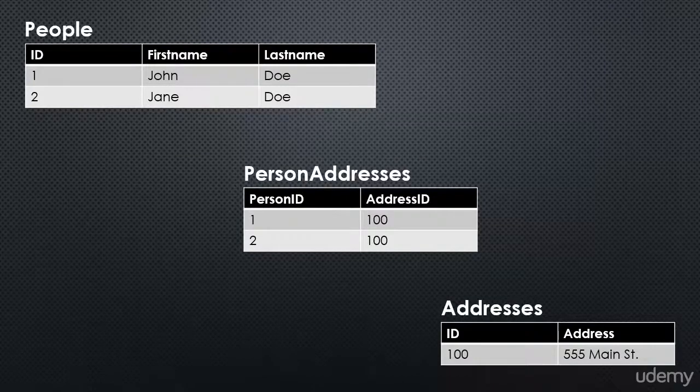But even better, we can make sure we don't repeat ourselves by continuing to split the information up as much as possible. So I might have an addresses table where we see that a person has a particular address, so we use the ID of the address and the ID of the person, and we can also tell this way that two people live in the same house.